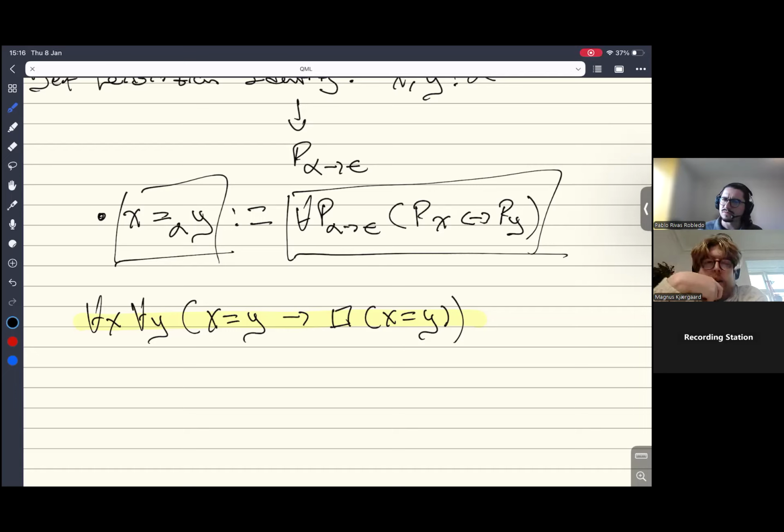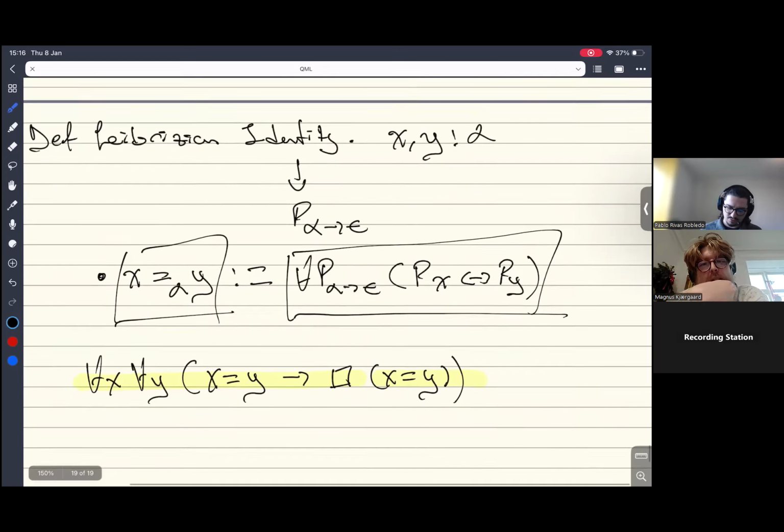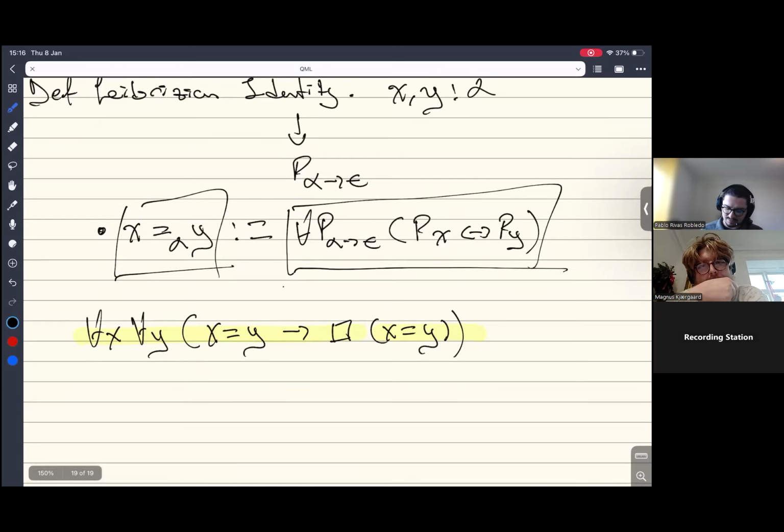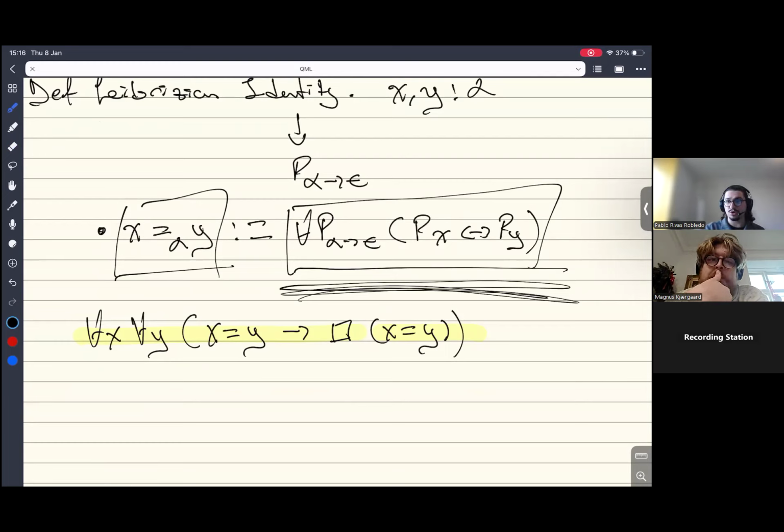So if the antecedent is true, then if x is equal to y, then x equal to y is always true. Yes, so that's the point. So in every possible world, it's going to be the case that those two things are the same. But what does that exactly mean? It means that if two things share the same properties in one possible world, then they're going to share them in all possible worlds.